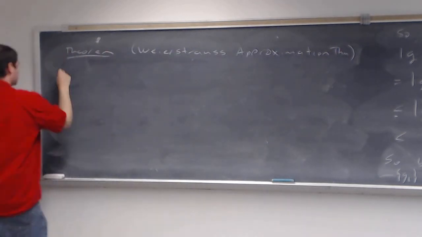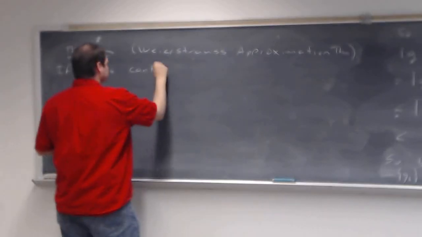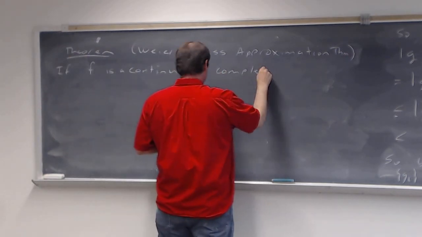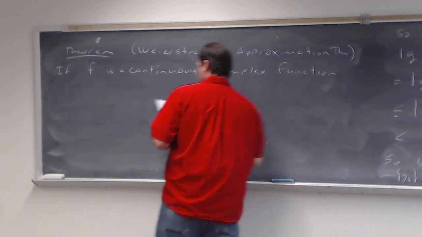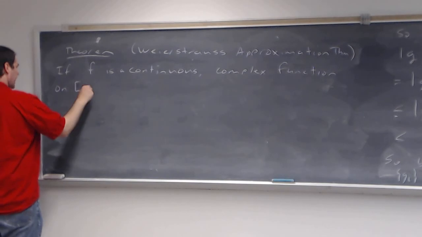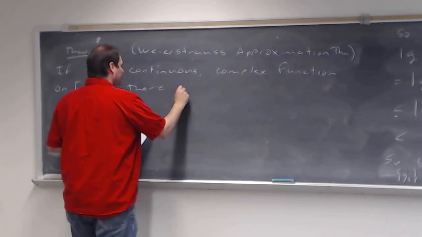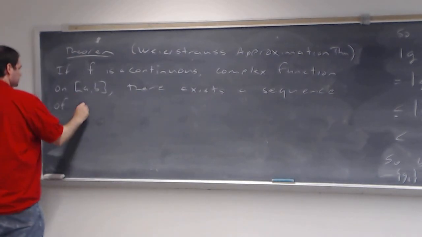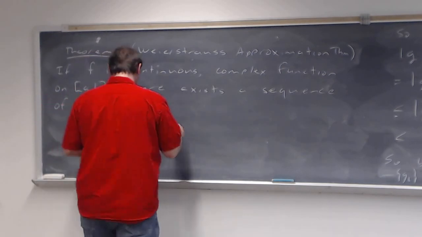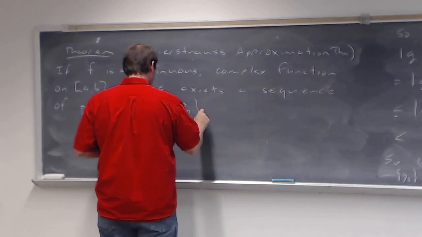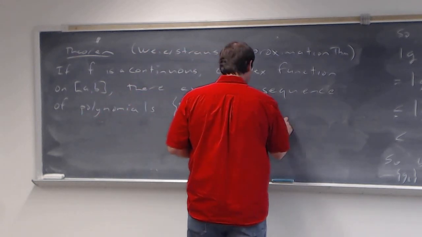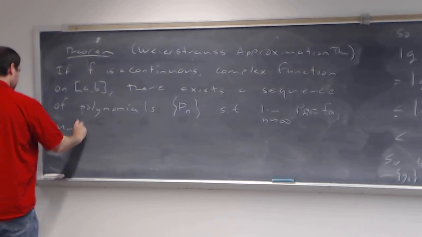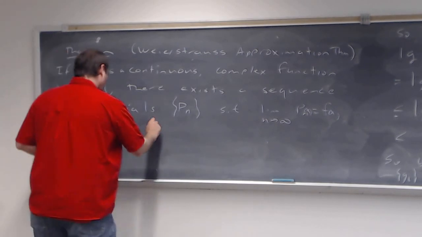And here's what it says. It says, if f is a continuous complex function on the closed interval from a to b, there exists a sequence of polynomials, we'll call p sub n, such that the limit as n goes to infinity of p sub n equals f uniformly on a to b.